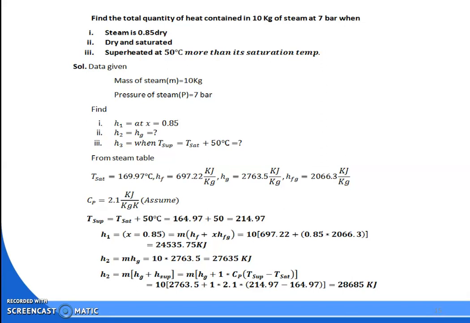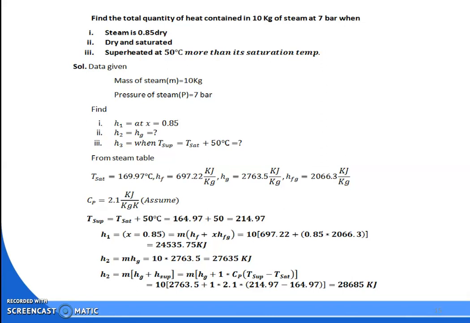What will be the total enthalpy? Third, the same 10 kg and 7 bar pressure of steam, but the end condition is a superheated steam whose superheated temperature, that is T super, is 50 degrees centigrade more than the saturation temperature. So we have to calculate the total enthalpy of these three conditions of steam.